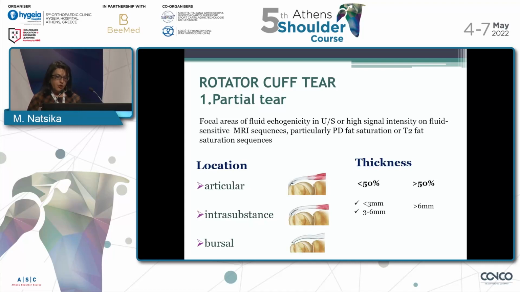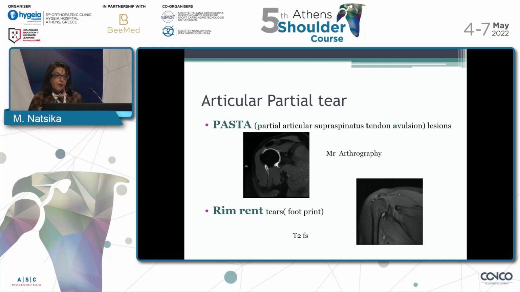But also a subdivision of the first group, to those that are less than 3 millimeters and those that are between 3 and 6 millimeters, is very helpful, mostly for the athletic population and the younger population. We have the articular partial tear, the well-known PASTA lesion, PASTA being the acronym of partial articular supraspinatus tendon avulsion.